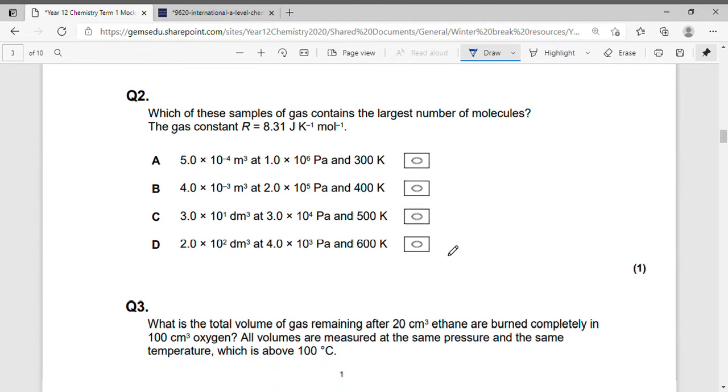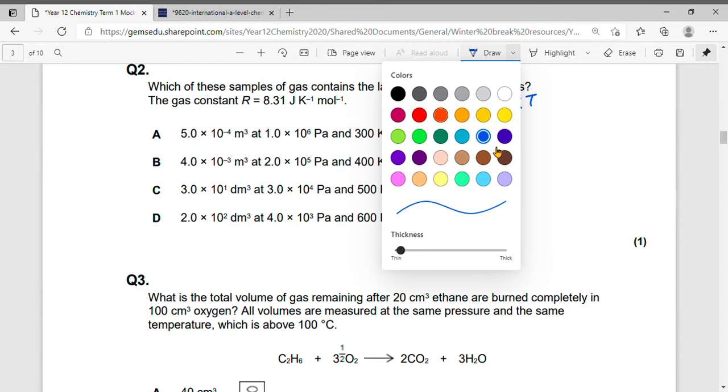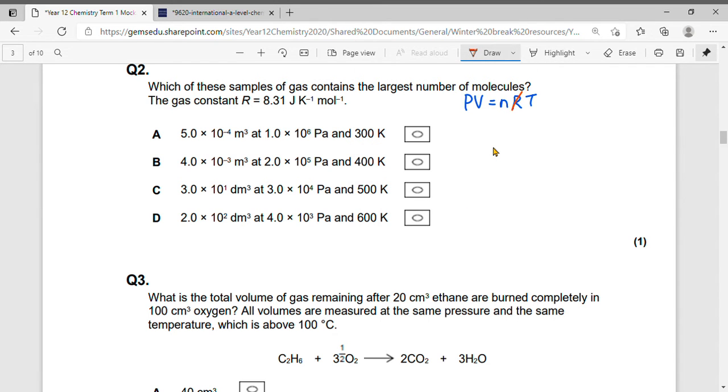Next. Which of these samples of gas contains the largest number of molecules? PV is nRT. We have R, we have volume, we have pressure, we have temperature, so we're looking at moles.